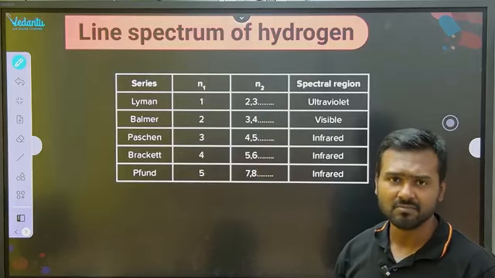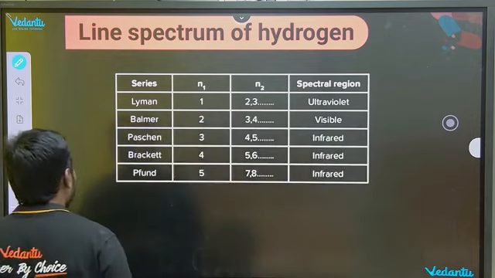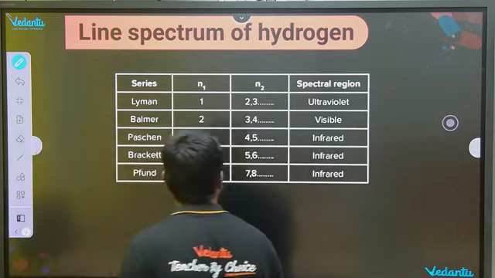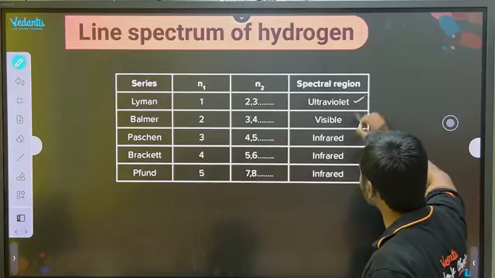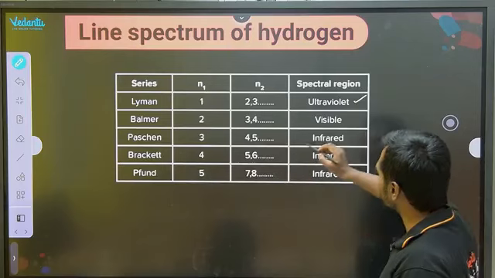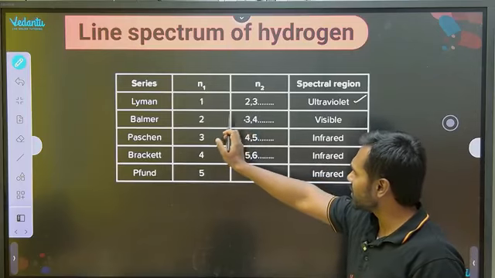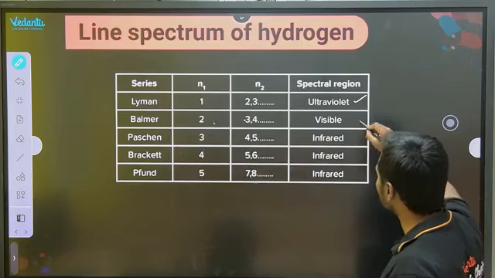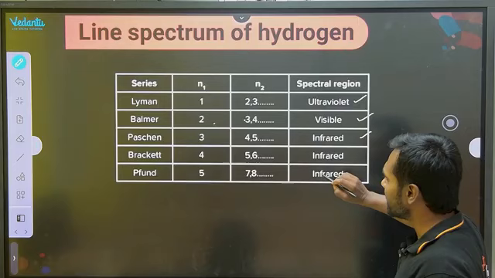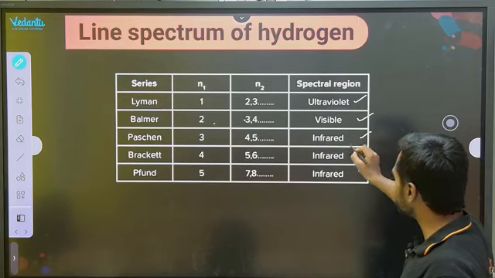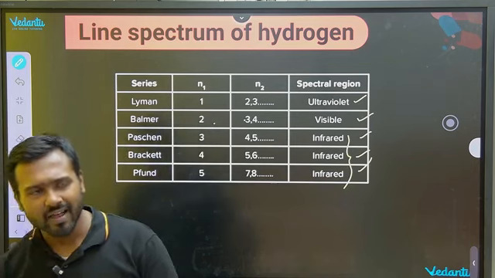Both are the same; one is emitting, one is absorbing. The Lyman series falls under the UV region. The Balmer series, from any orbit to the second orbit, falls under visible. Paschen, Brackett and Pfund, these three fall under near infrared, infrared and far infrared.